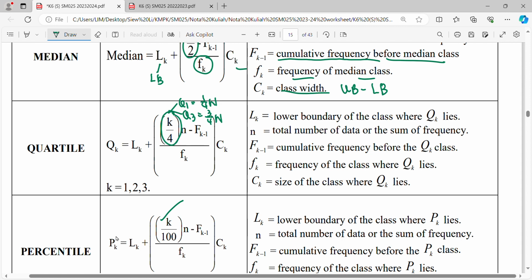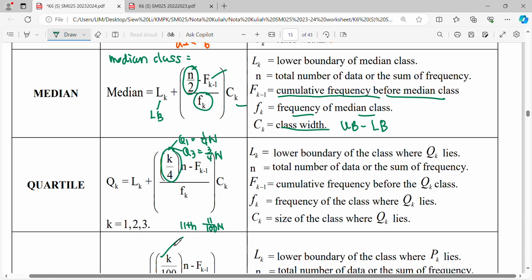If I want the 11th percentile, the position I will put is 11/100 n. So actually the formulas are alike. It will be lower boundary plus position minus the cumulative frequency, big F, before the class, over the frequency itself, times the class width. So they are the same, just the location is different.